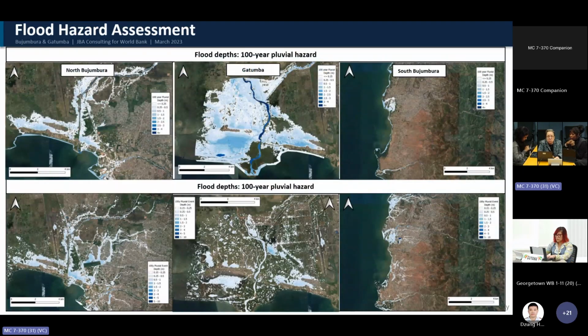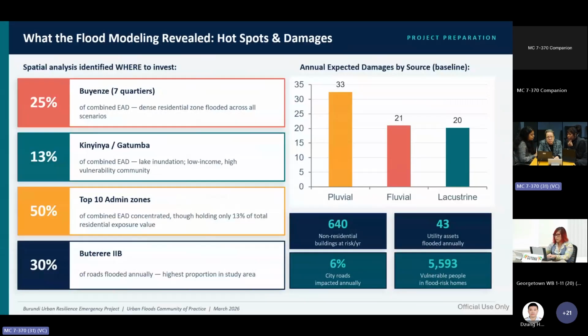So as part of the hazard assessment, flood depth and extent maps were developed across multiple climate scenarios. And these highlighted a strong spatial concentration of hazards, particularly in northern Bujumbura and in Gatumba, where lake-driven flooding as well as fluvial flooding is dominant.